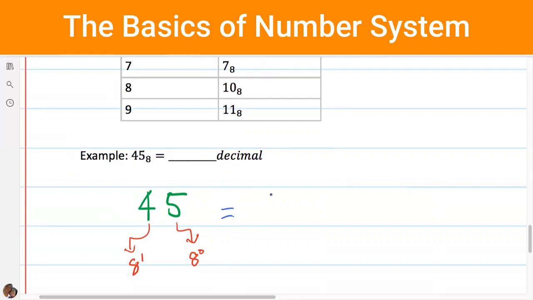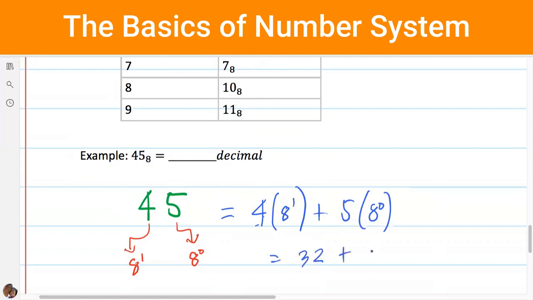Now we multiply the number 4 by its place value plus 5 by its place value. Take note, 4 times 8 is 32, and 5 times 1 is 5. So the octal number 45 is equivalent to 37 in decimal form. Any questions? We will have more examples later on.